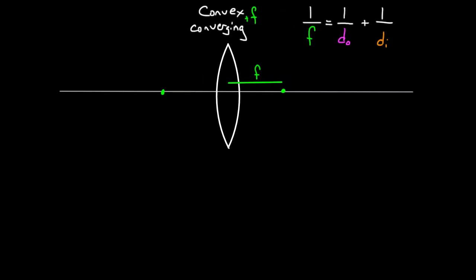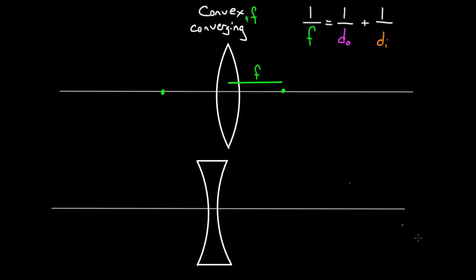If you had the other type of lens, here's the other kind. This one is either diverging or it's going to be concave. So if you have a concave or diverging lens, it also will have 2 focal points typically drawn on either side. These will be a certain distance along that principal axis to the center of the lens.